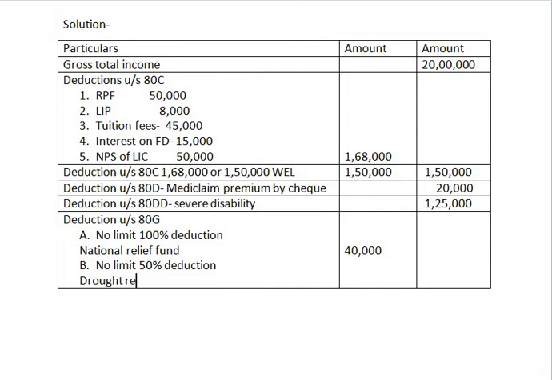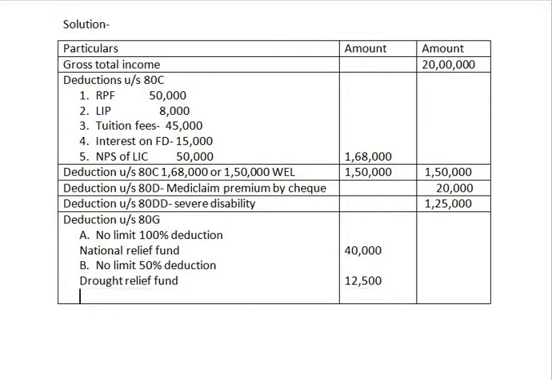The amount contributed for this fund is 25,000, but we have to take 50% of it, which comes to 12,500. Amount contributed is 25,000, but we have to take only 50%.